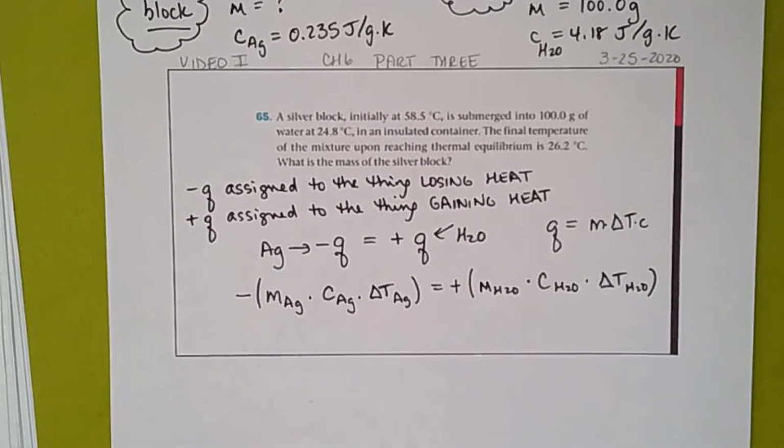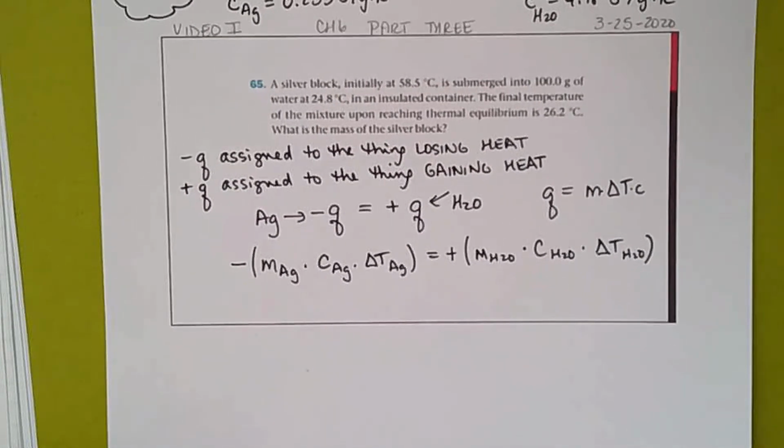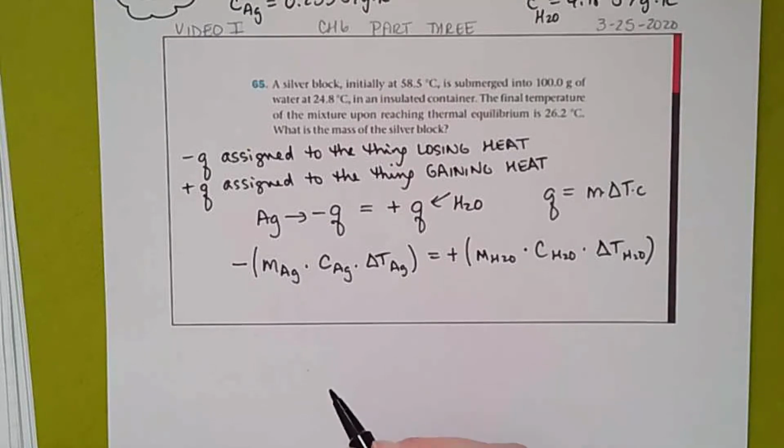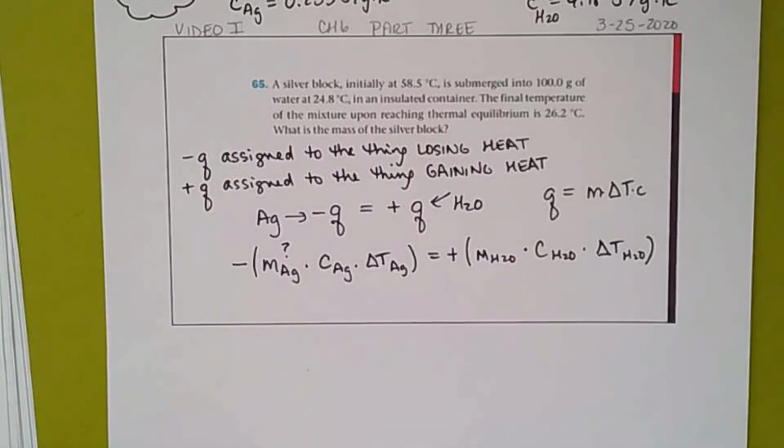Here we have 6 things to fill in, but one of them we don't know, and that is the mass of the silver. That's often going to be the case with these questions: you have a whole bunch of variables, one that you don't know, and you plug in and solve for that thing.